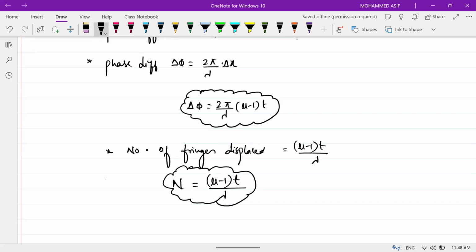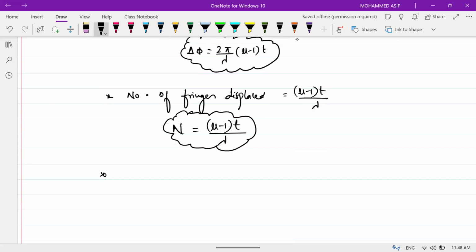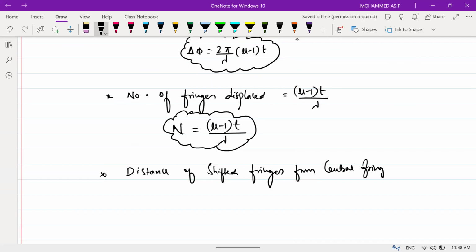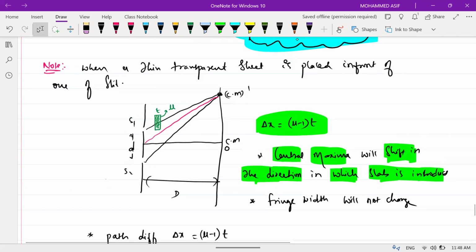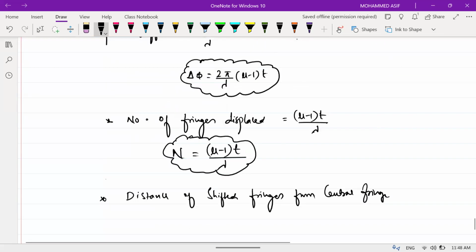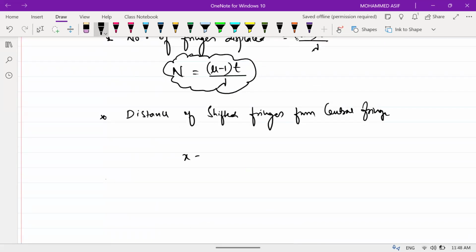Now what is the distance of the shifted fringes from the central maxima? Distance of shifted fringes from the central fringe. Okay? Look at this diagram. It has shifted from the central maxima, and how much has it shifted? x. So you can calculate that value by the formula x is equal to D into mu minus 1 into thickness t divided by small d.